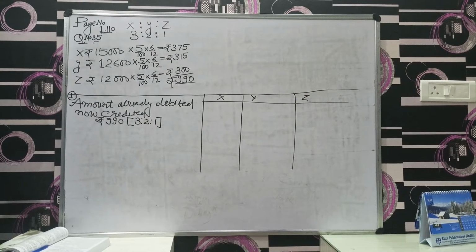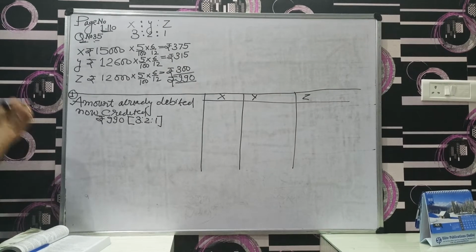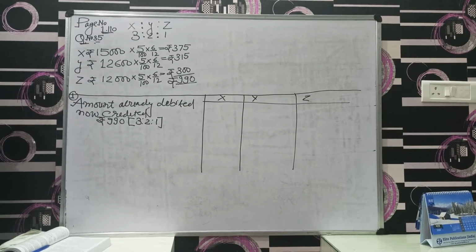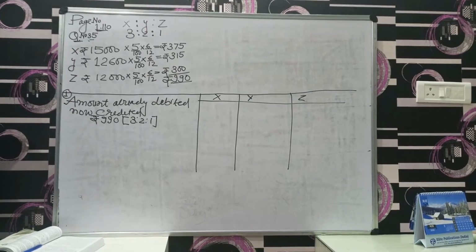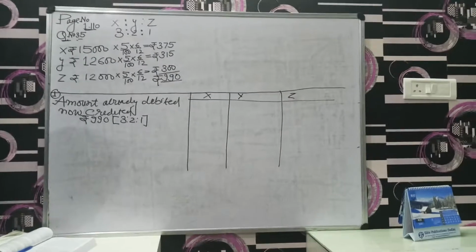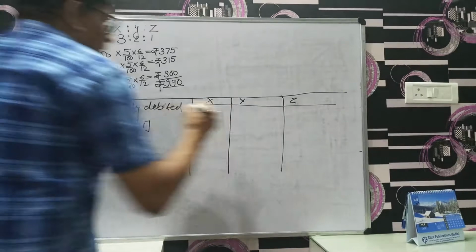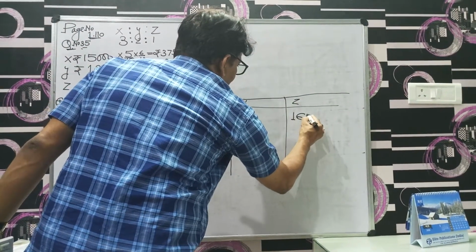So 990 divided by 6. What will be the result? 990 divided by 6. So for Z it would be 165.